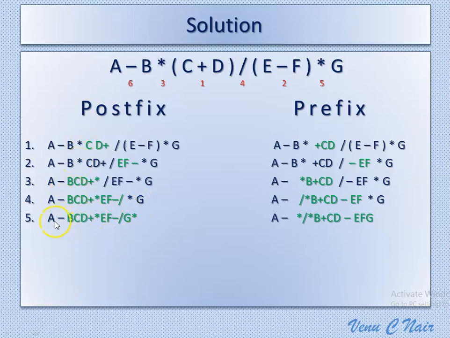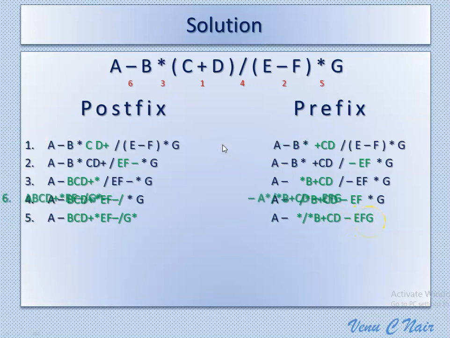So the expression becomes A minus the first operand from B to divided by, then the second operand is G and the operator is into. Similarly in prefix operation, the first operand is divided by into B plus C D minus E F. The second operand is G and their operator is into. Take out this operator and place it in front of these operands. So it becomes into divided by into B plus C D minus E F G.